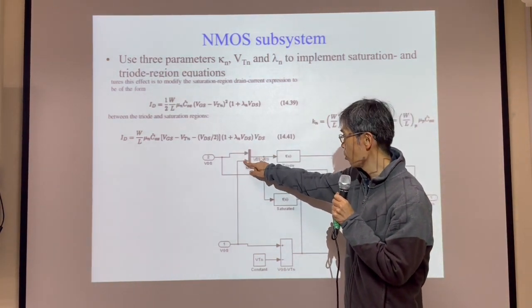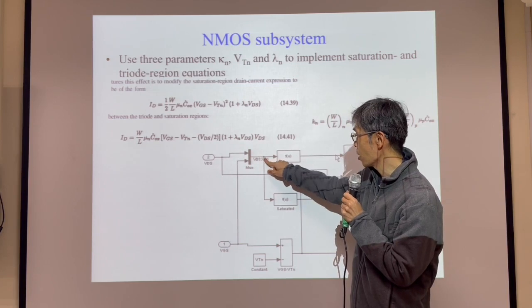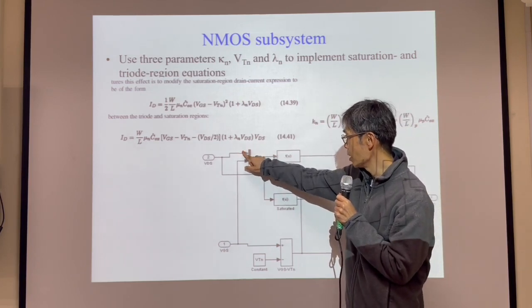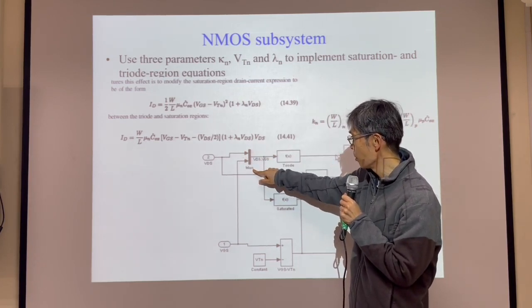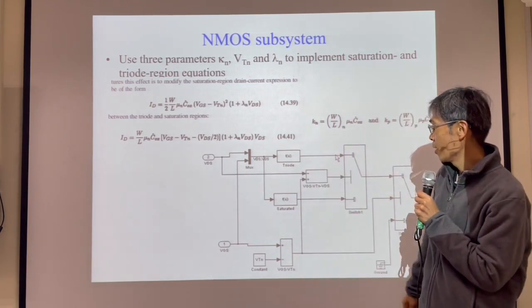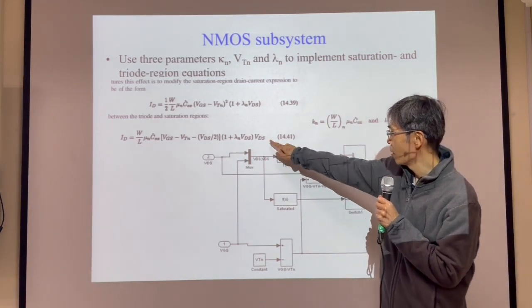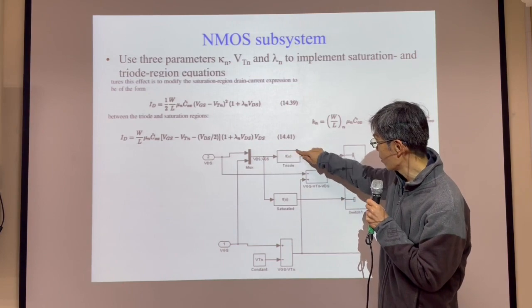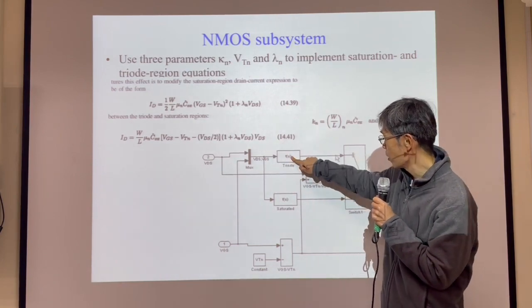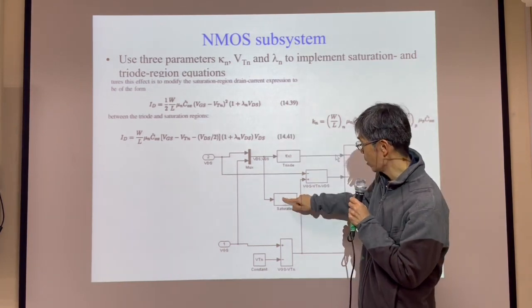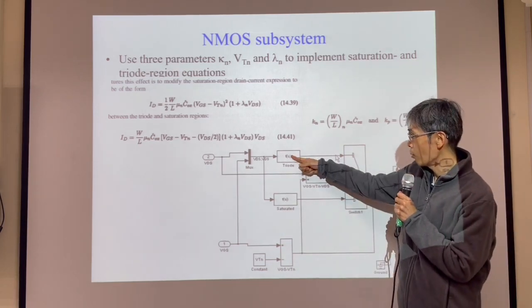You can get two signals in and two signals out. So VDS and VGS go into this MUX. For the triode region, we put this function here, and for saturation, we have function 1, function 2.